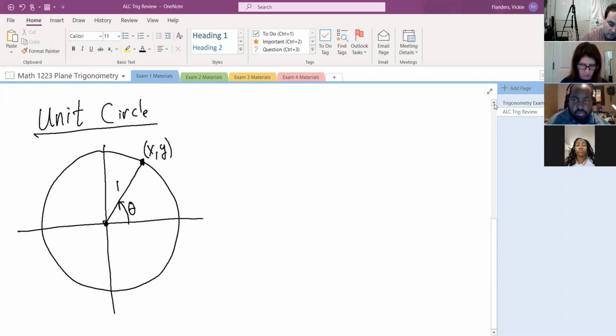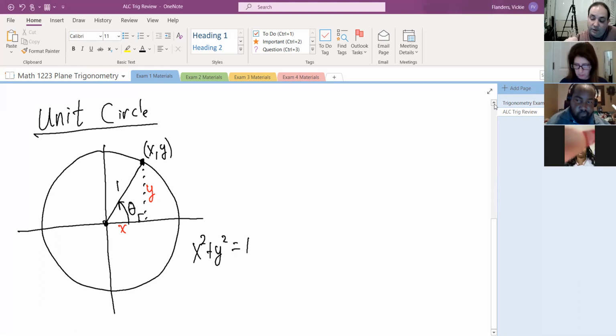So in other words, what I end up doing is drawing a right triangle where the height of that triangle is y and the base of the triangle is x. And of course, just like the equation of the unit circle suggests, x squared plus y squared equals 1.